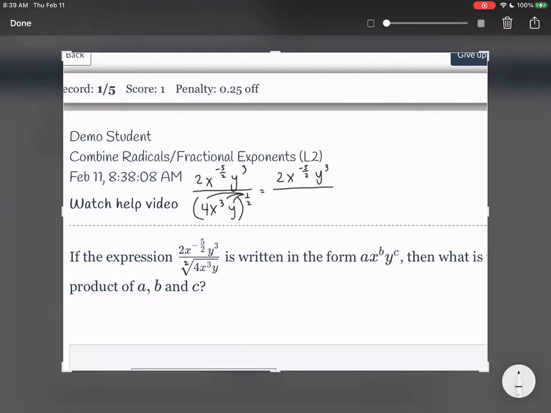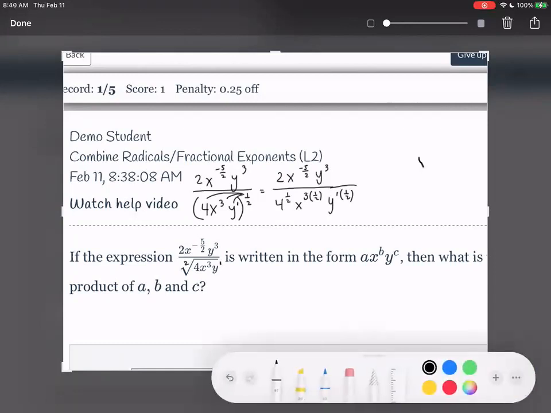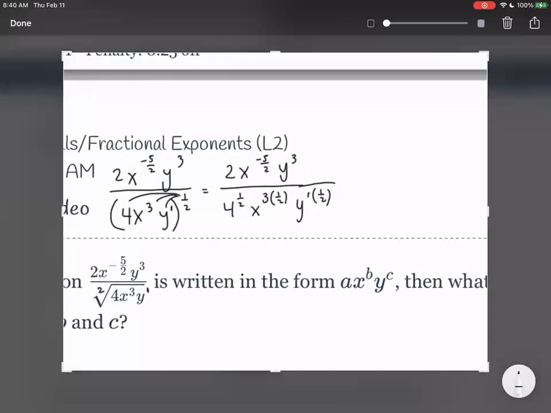And then we have 4 to the power of 1/2, and then x to the power of 3 multiplied by 1/2, and then y to the power of, technically that's a y to the power of 1 multiplied by 1/2. I'll just write it out as 1 times 1/2 for now, but we know what that is. I'm going to zoom in a little bit more so that it's not so tiny. Okay, once again, keep the top the same. We're not touching it yet.